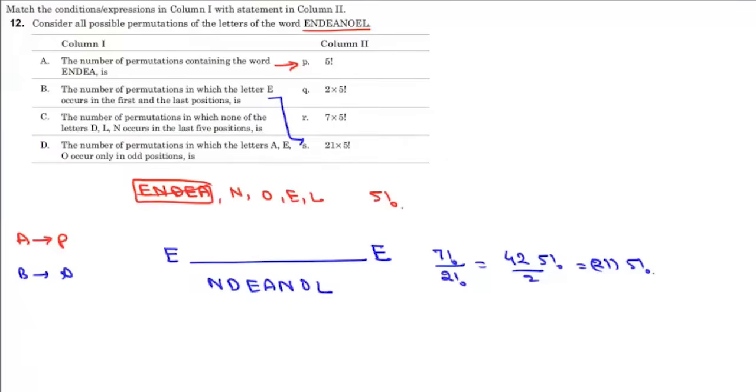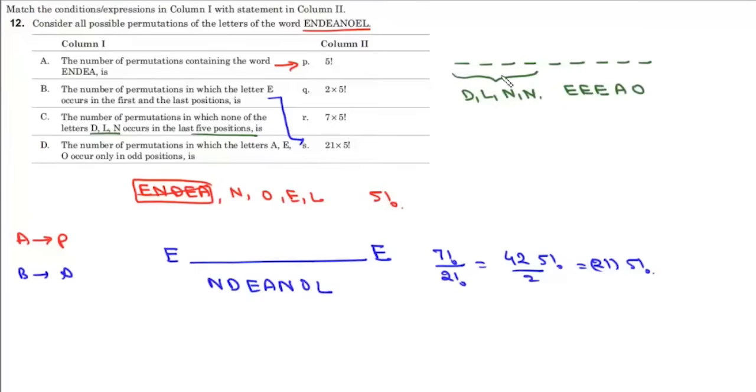Now we'll write this third one: the number of permutations in which none of the letters D, L and N occur in the last 5 positions. Now we have this 9-letter word. So we have 1, 2, 3, 4, 5, 6, 7, 8 and 9. And D, L and N do not appear in the last 5 positions, so they'll appear in the first 4 positions. Now we have 1 D, 1 L and 2 N's which are to be arranged in these first 4 positions, and then the remaining E, E, E, A and O in the last 5 positions.